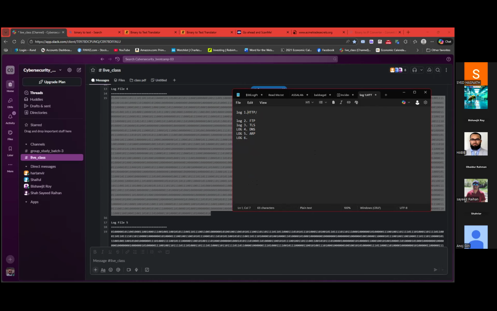Log 6, the bonus one. What is this? Something like H4.